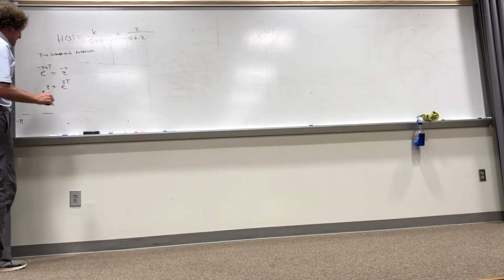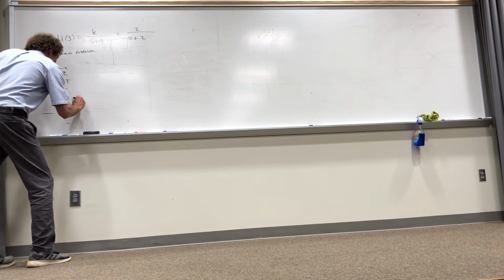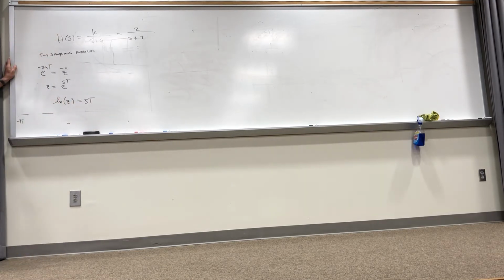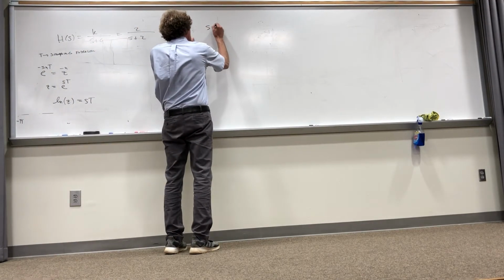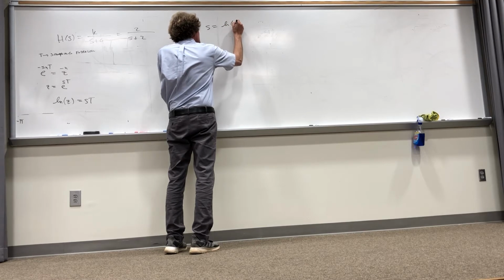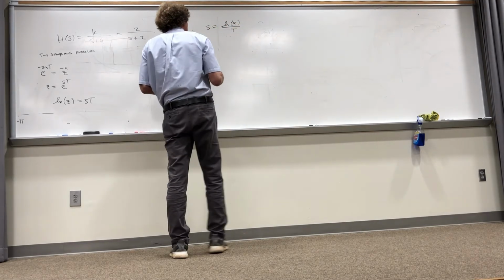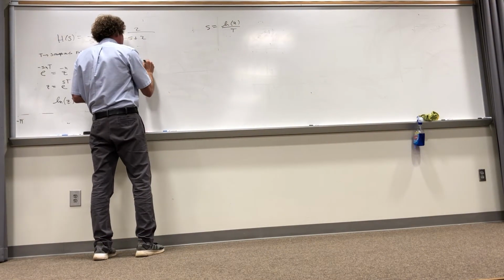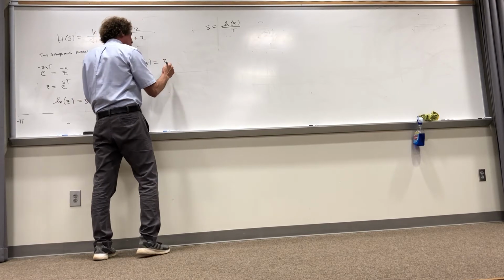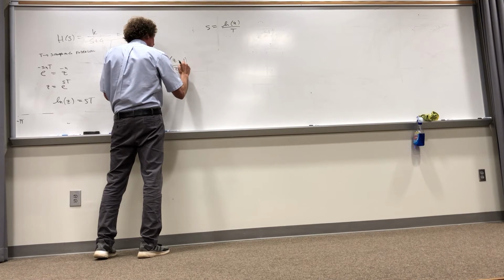Now, if you look at that, that means the log of z is equal to sT. And if you wanted an exact conversion, you would say S is equal to the log of Z divided by T. We don't use log of Z. We use an approximation for log of Z. The natural log of Z is approximately equal to 2 times Z minus 1 over Z plus 1.